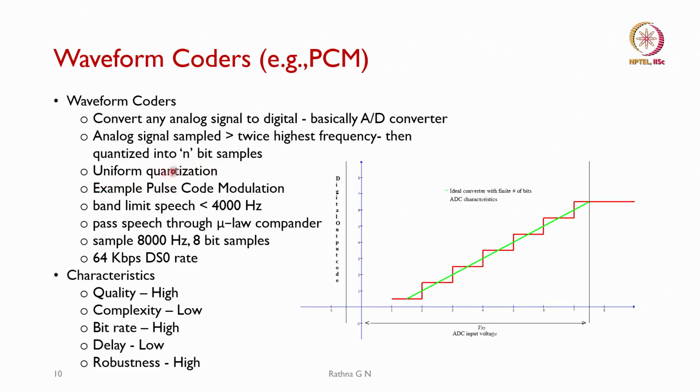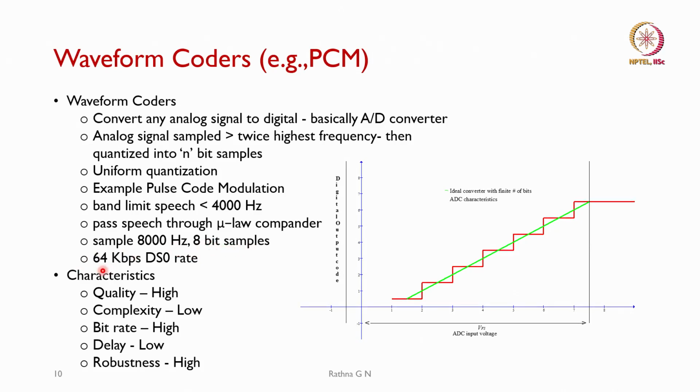Then we have seen uniform quantization, and the example here is pulse code modulation, where the band-limited speech is less than 4000 hertz. So, pass speech through either a mu-law compander or an A-law compander. For more details on companding, you can refer to the textbook. Here the sample is taken at 8 kilohertz, and usually it is 8-bit samples.